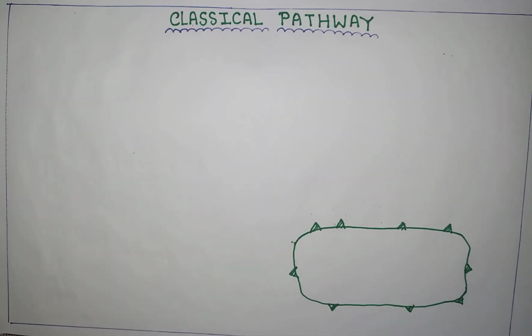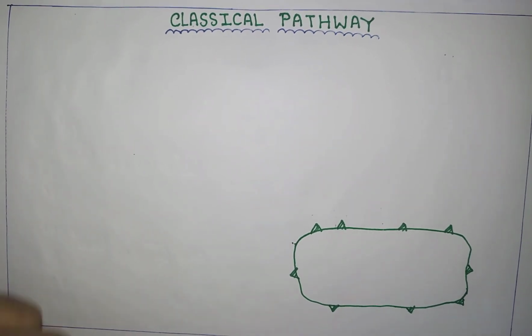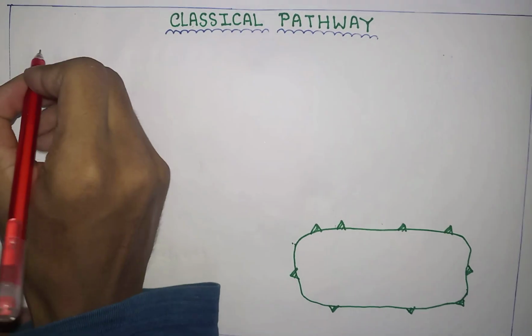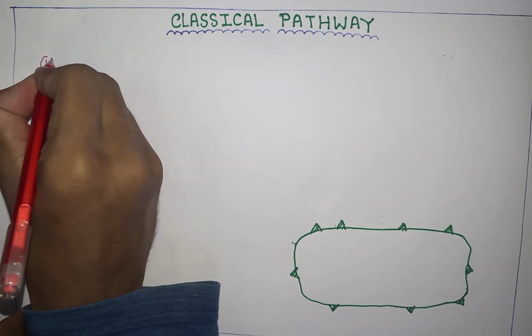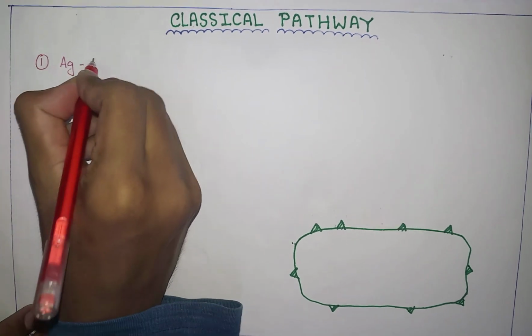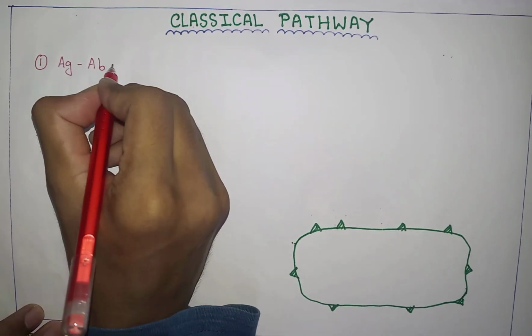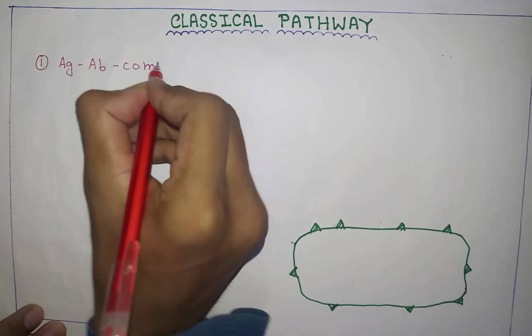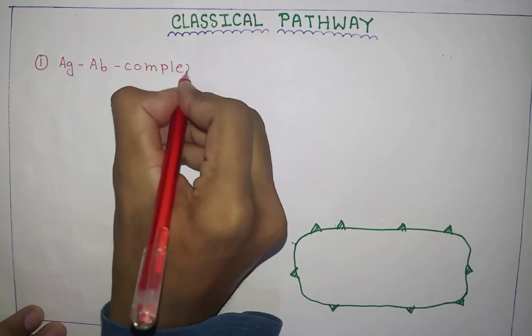Now in the first step of this classical pathway, an antigen antibody complex will form.